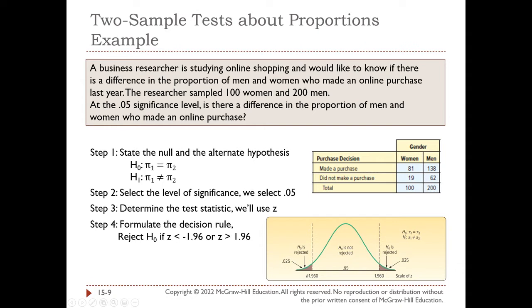So we have to divide by 2. So our shaded area, where we're going to reject the null, is now 0.025. Again, if we look at our z table, we're going to reject if z is less than negative 1.96 or z is greater than 1.96.